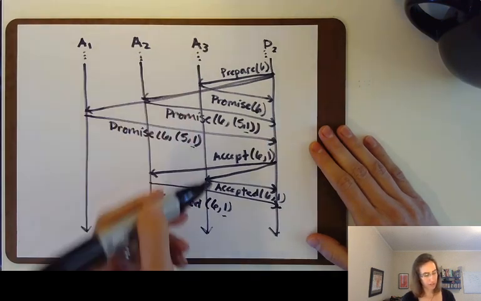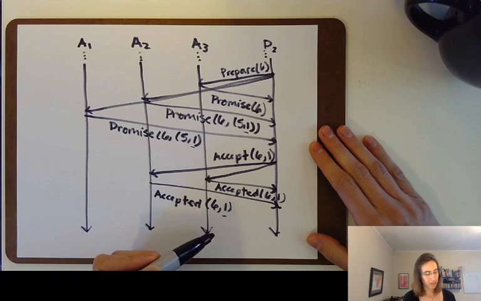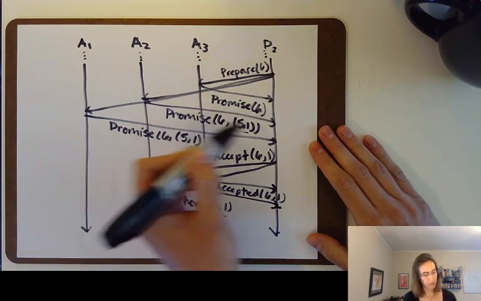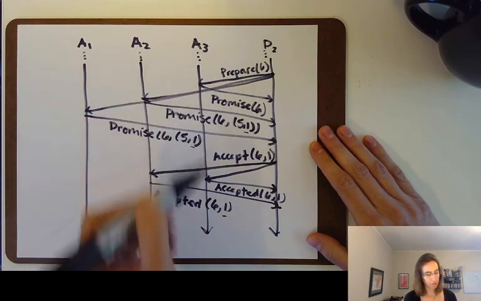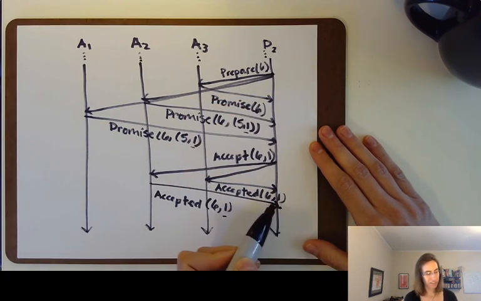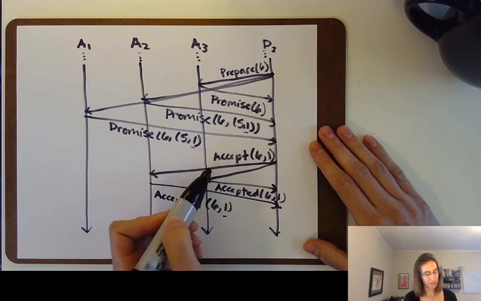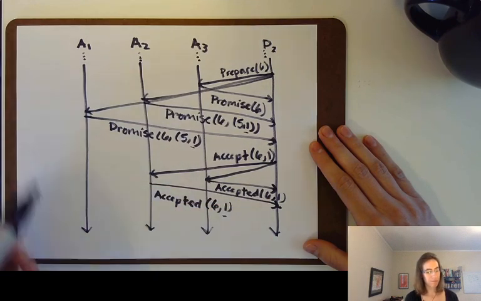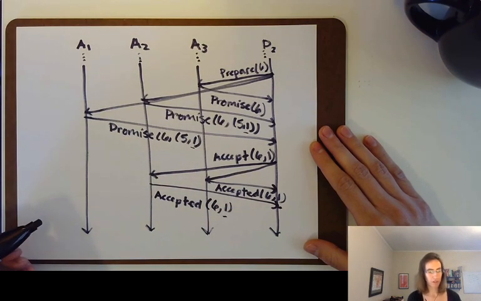So A3, for all it knows, it never saw any of these other promise messages over here. As far as A3 knows, this value of 1 was P2's idea all along. So A3 doesn't know that this value of 1 came originally from P1 over here, but that's okay.